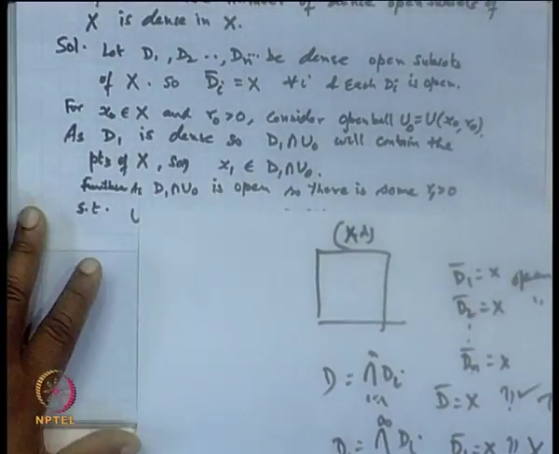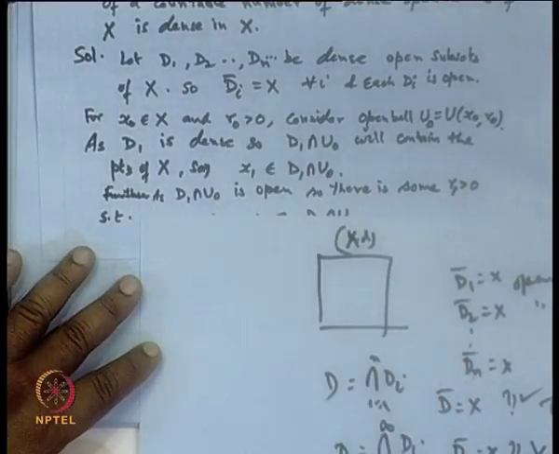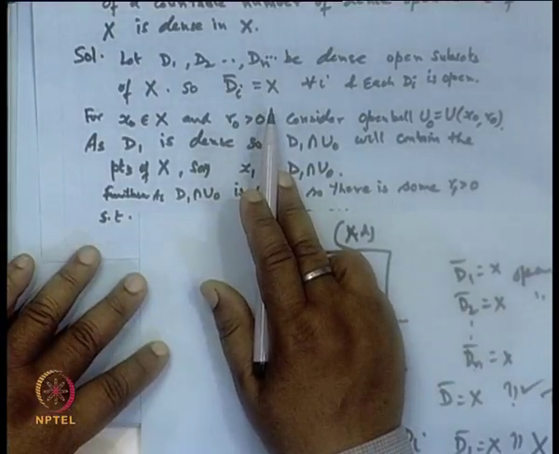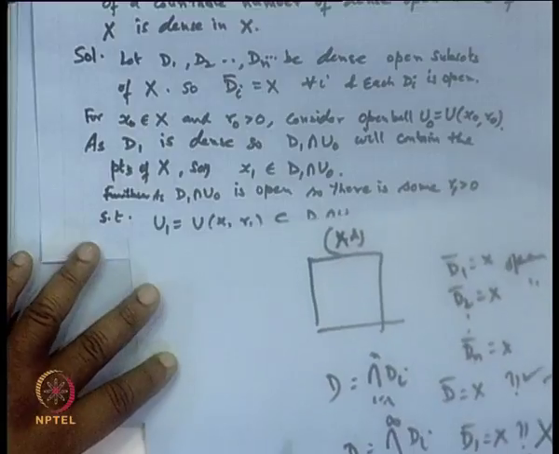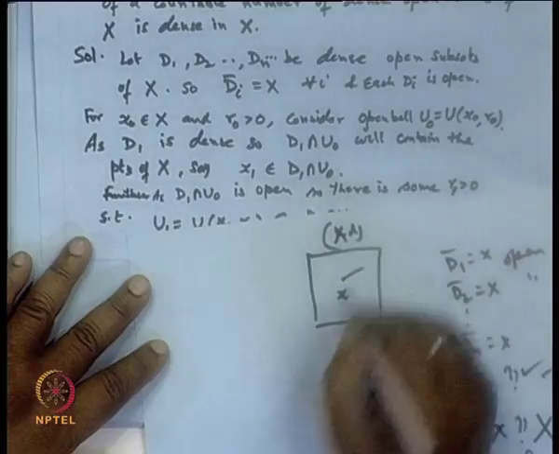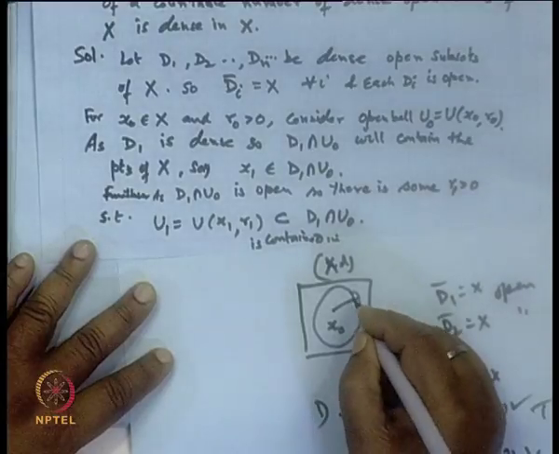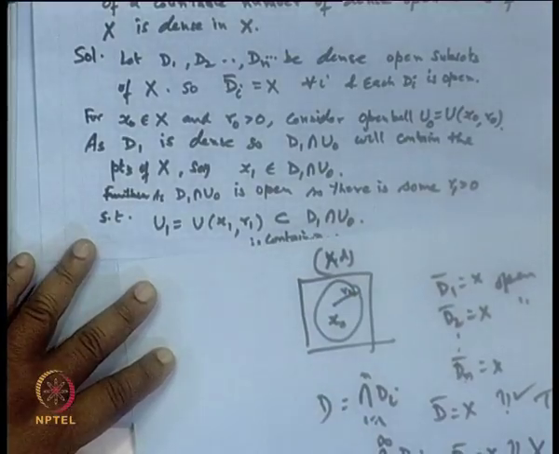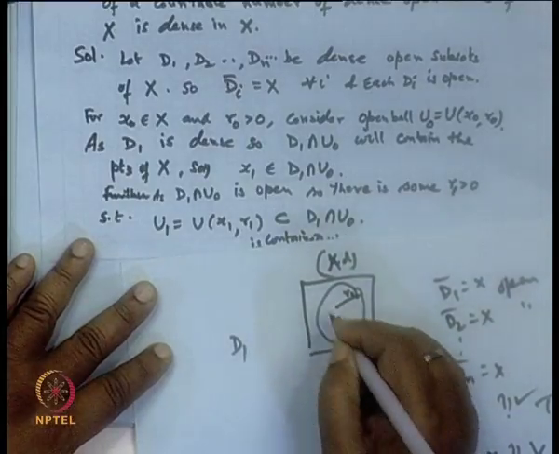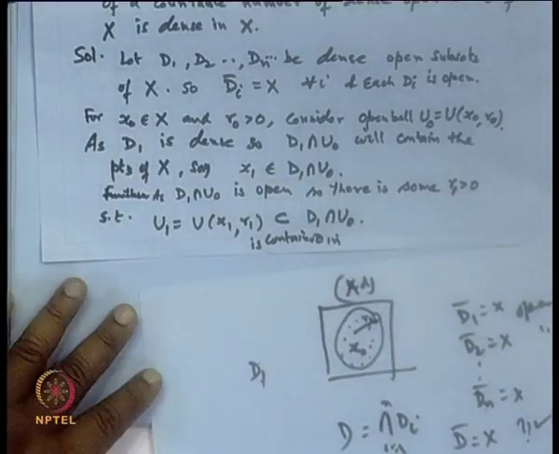Let us take the finite case first, when X is an incomplete metric space and D1, D2, ..., Dn are dense open subsets of X. By the property, the closure of each one is X. Now let us take a point x0 and a positive number r0. Draw the ball U0 around the point x0 with radius r0. Since D1 is dense in X, the points of this ball and the points of D1 are very close.